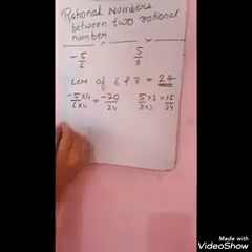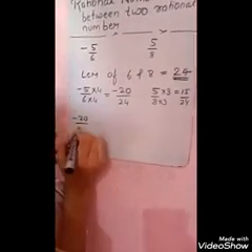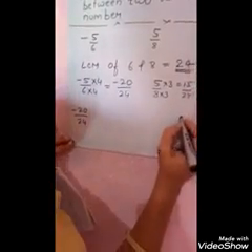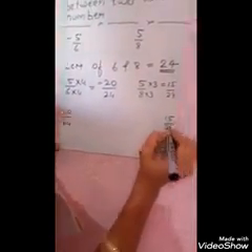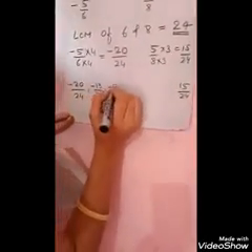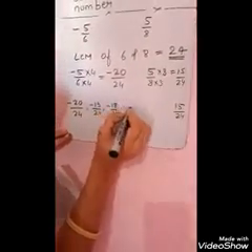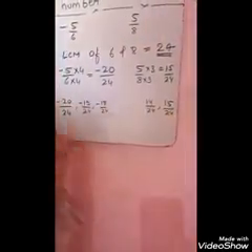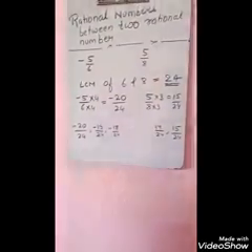Now you can find as many rational numbers as you want between minus 20 by 24 and 15 by 24, and these are minus 19 by 24, minus 18 by 24, and so on, up to minus 14 by 24. You can take any 10 rational numbers between them.